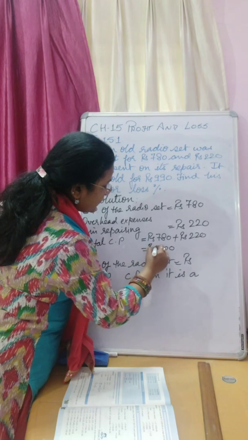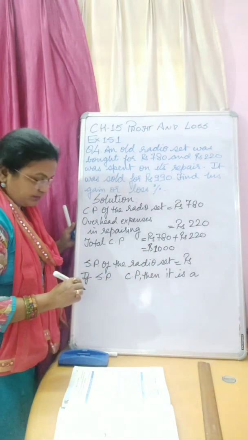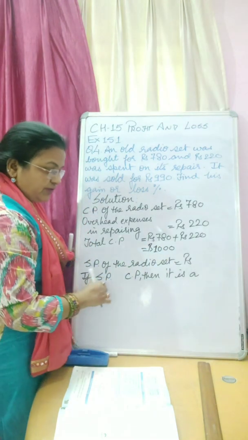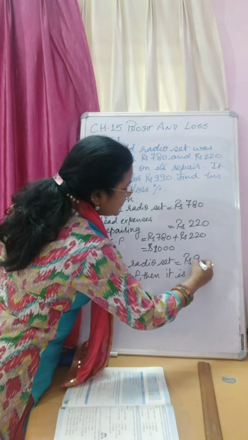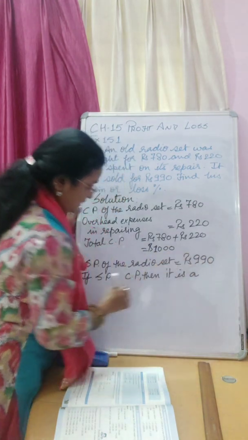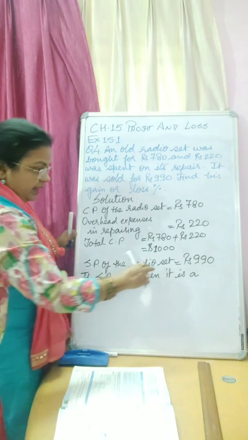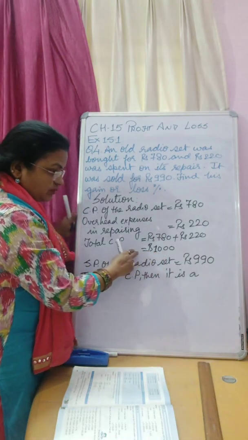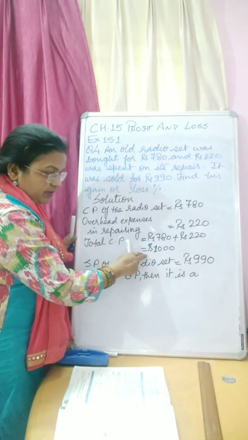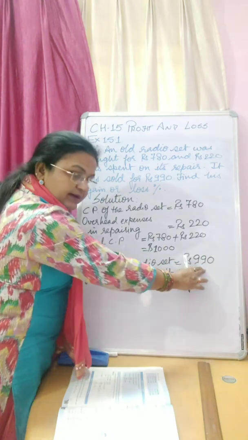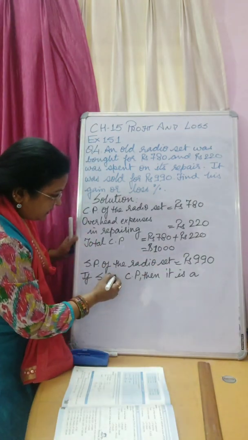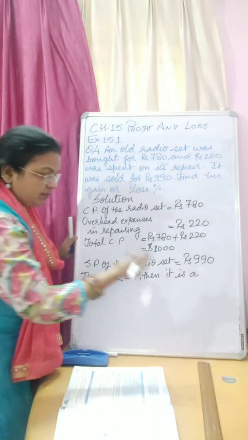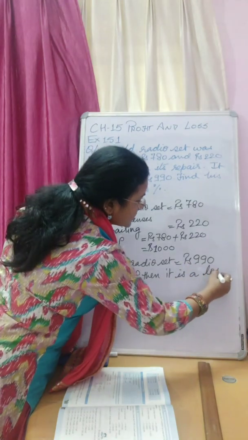So now it is rupees 1000. Now SP of radio set is rupees 990. So we'll see whether SP is greater or smaller than CP. See, CP becomes 1000 and SP is 990. So SP is smaller than CP, means it is a loss.